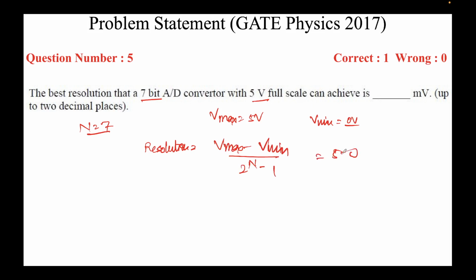That will be 5 minus 0 over 2 raised to the power 7 minus 1. So that will be 5 over 127, and if you solve this, it will come out to be 39.37 millivolts. So we'll simply put this answer over here, up to 2 decimal places. That's all we had to do, 39.37 millivolts.